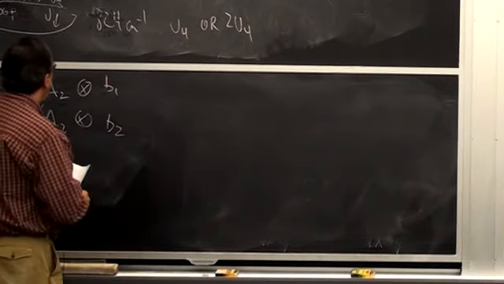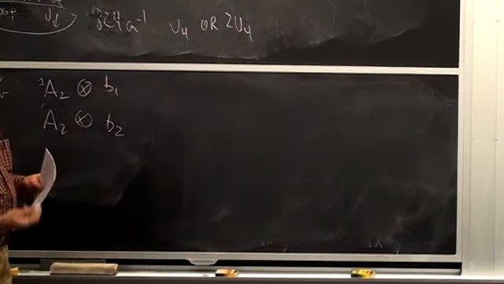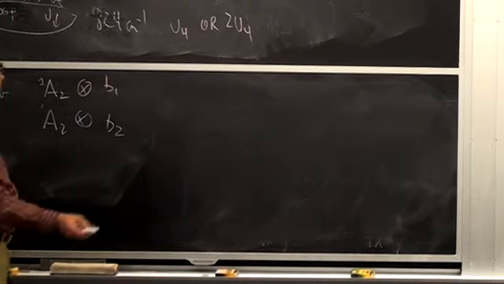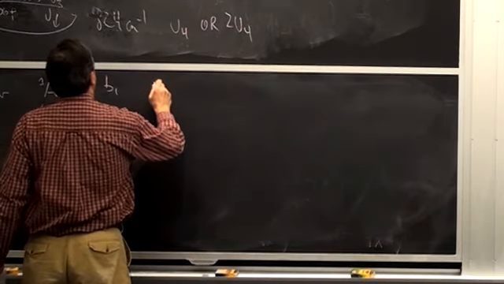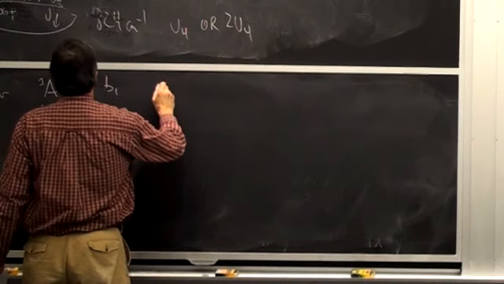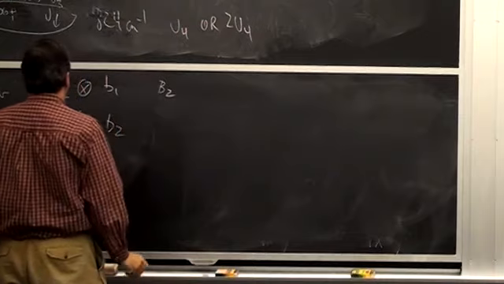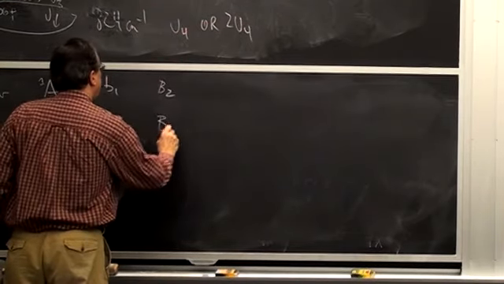And all we need is for this product to contain one of the electric dipole allowed transitions. And so this will give rise to a state of B2 symmetry, and this will give rise to a state of B1 symmetry.